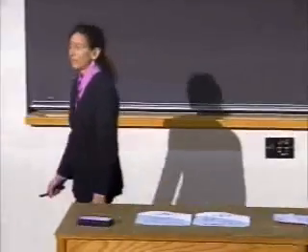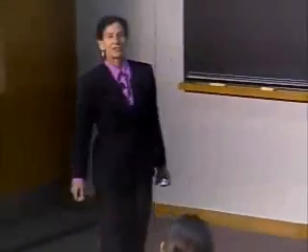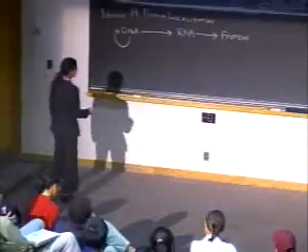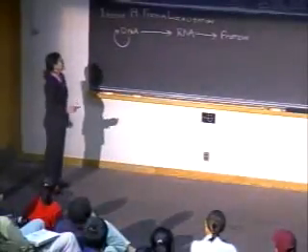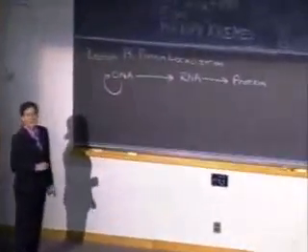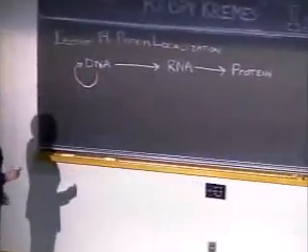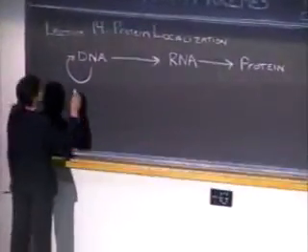Okay, so now you guys have heard about central dogma from Professor Eric Lander, and you've heard about gene regulation last Friday. Here's something that you're familiar with, this image here, depicting central dogma. DNA replicates to DNA. This is replication.